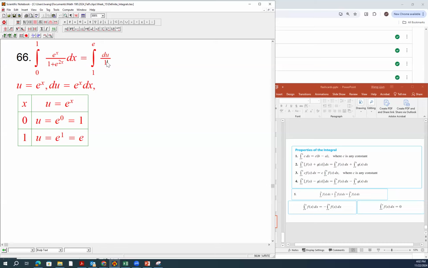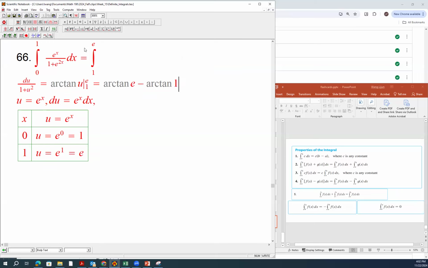The denominator is 1 plus u squared. All right. That's arctan of u evaluated from lower limit 1 to upper limit e, which equals arctan of e minus arctan of 1.